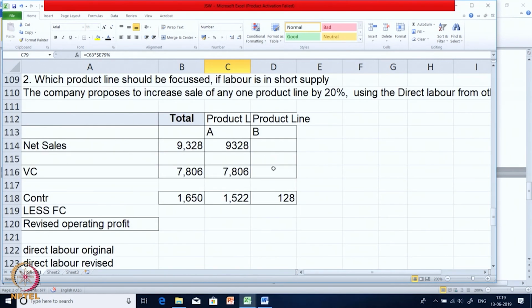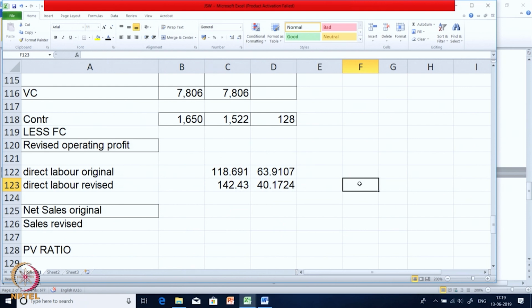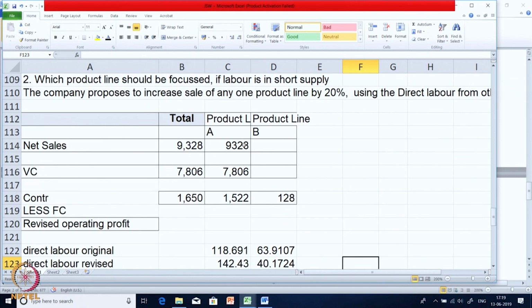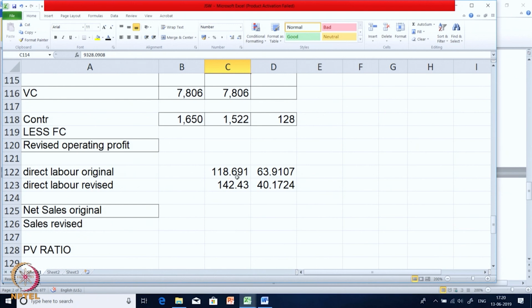So you can get the new sales of A. When sales increase, the VC also increases in the same proportion. Now this increase in sales of A, which is 20% of sales, will require extra direct labor hours. We have worked out the original direct labor, which is 118; revised direct labor will be 142.